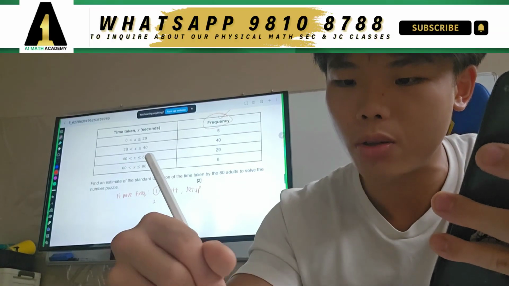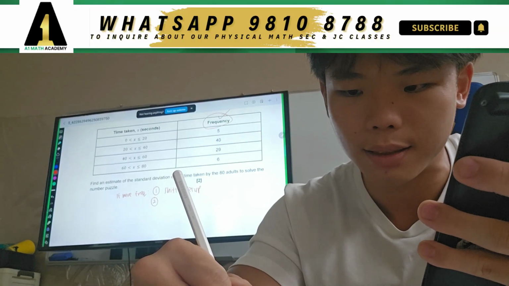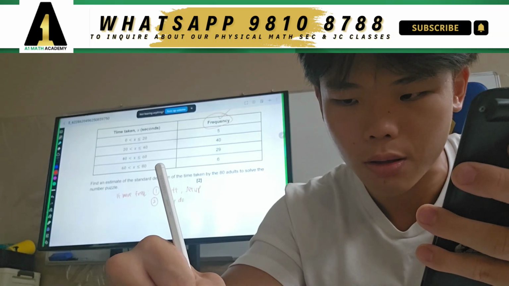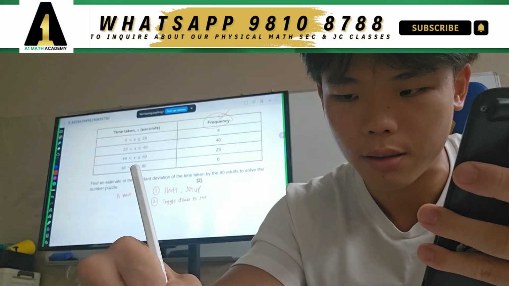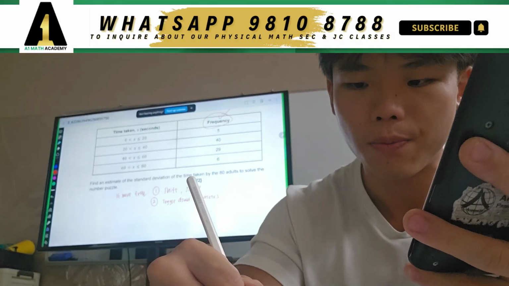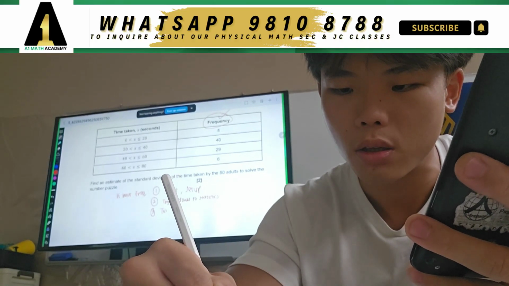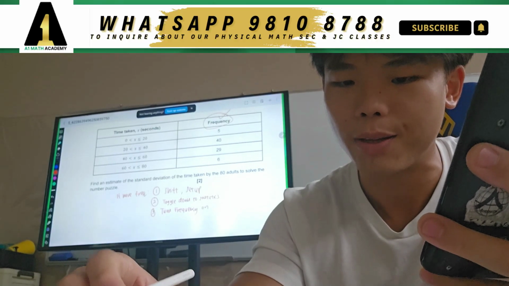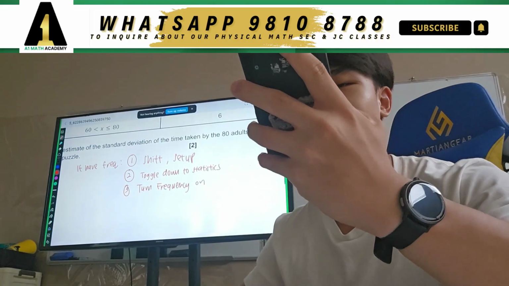Then after that, you go down to statistics. So you toggle down to statistics, then you press on statistics. You turn your frequency on. Okay, please, you try this. You let me know once you are done with this.